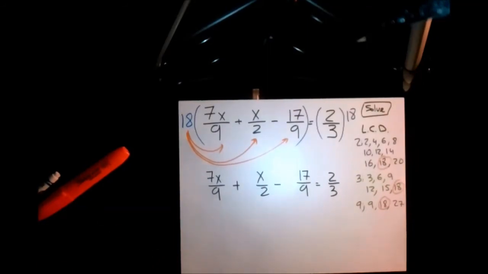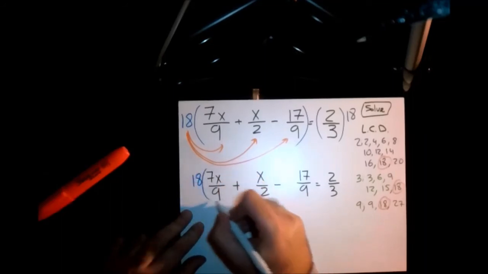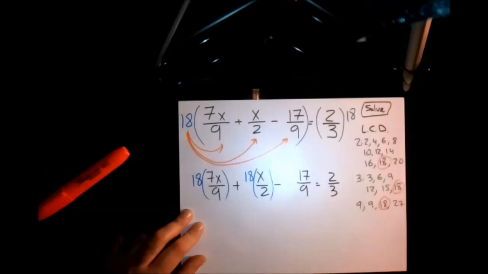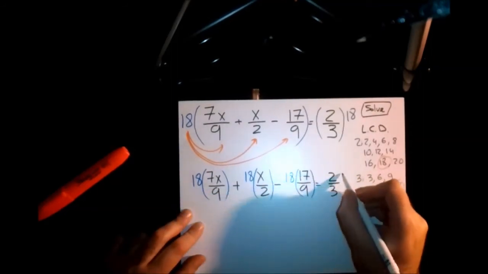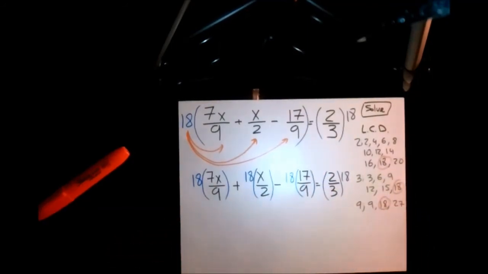Okay, so when I distributed the 18, I got 18 times this, 18 times this, 18 times this, and 18 times this. Okay, what's next? Well, we're going to multiply.